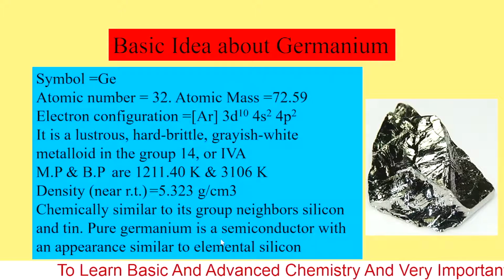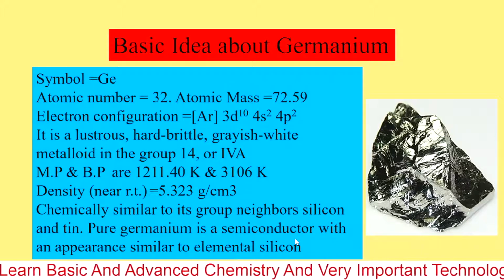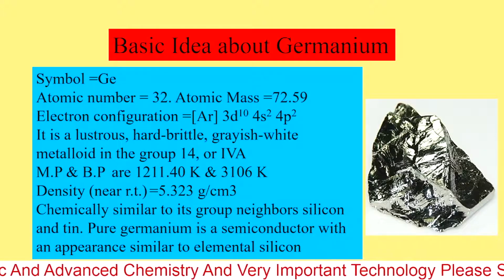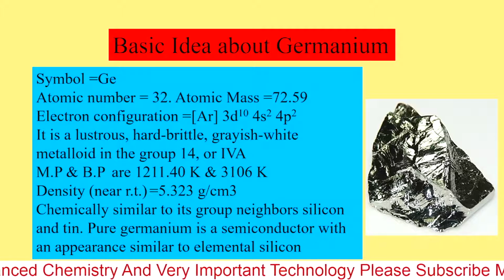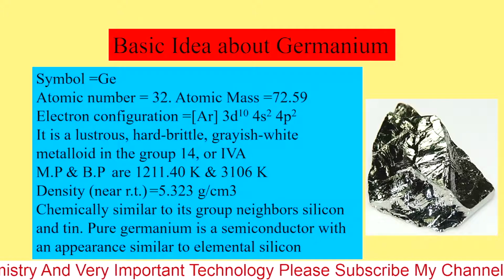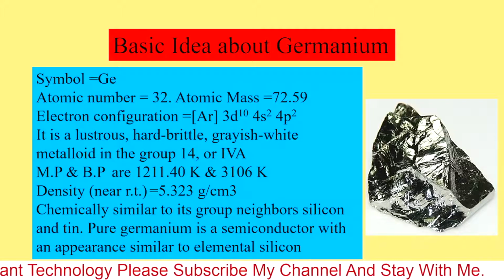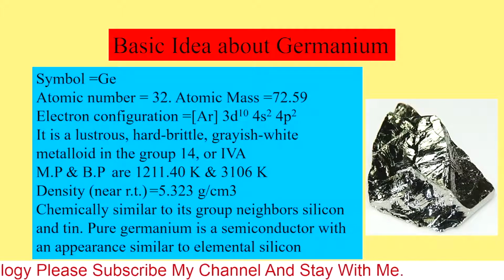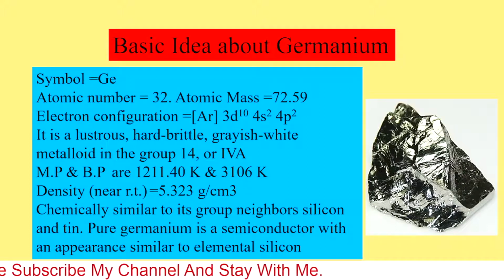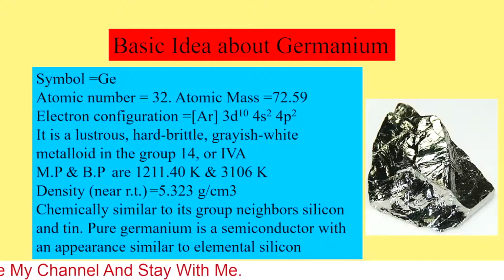Pure germanium is a semiconductor. We are going to learn this element just for this property, because pure germanium is a semiconductor with an appearance similar to elemental silicon. Pure silicon is also a semiconductor.